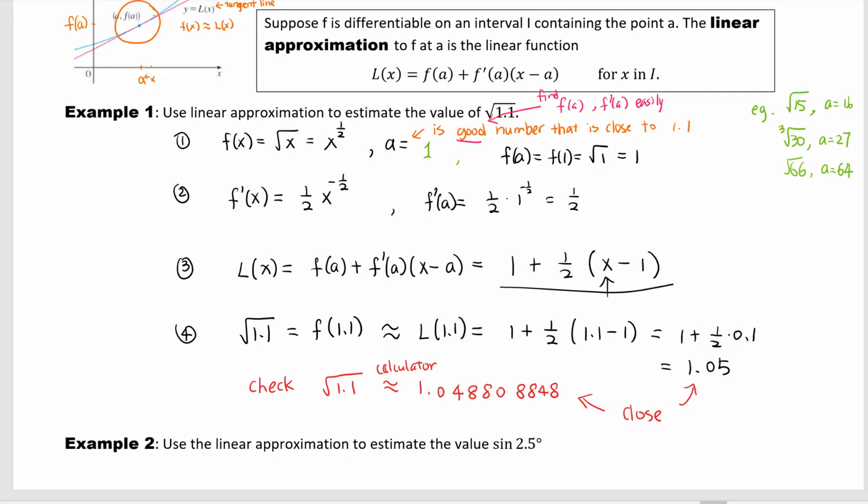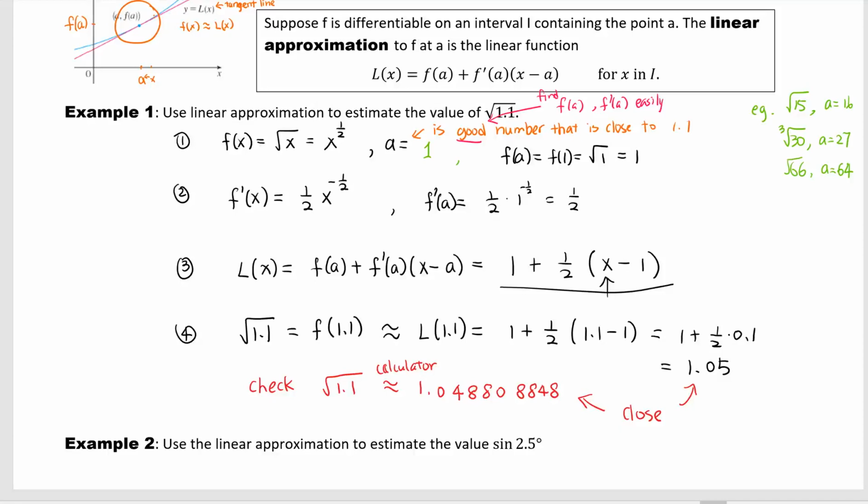Okay, so those are the steps. First, we define the function f, and then find the good number a, and evaluate f of a. Second step, we differentiate the function, and then we plug in a to find f prime of a, that is the slope of our tangent line. And then third, we know the slope, we know the y value, we can write down the tangent line equation.